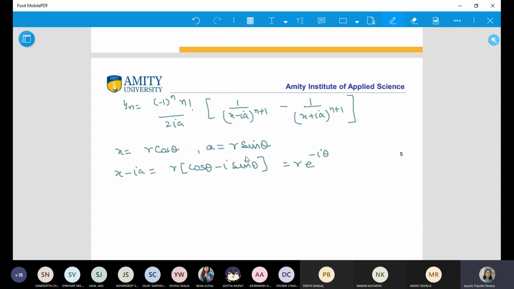Yes, ma'am. And what is your r? R square is x square plus a square. And what is your theta? Theta is tan inverse a by x.